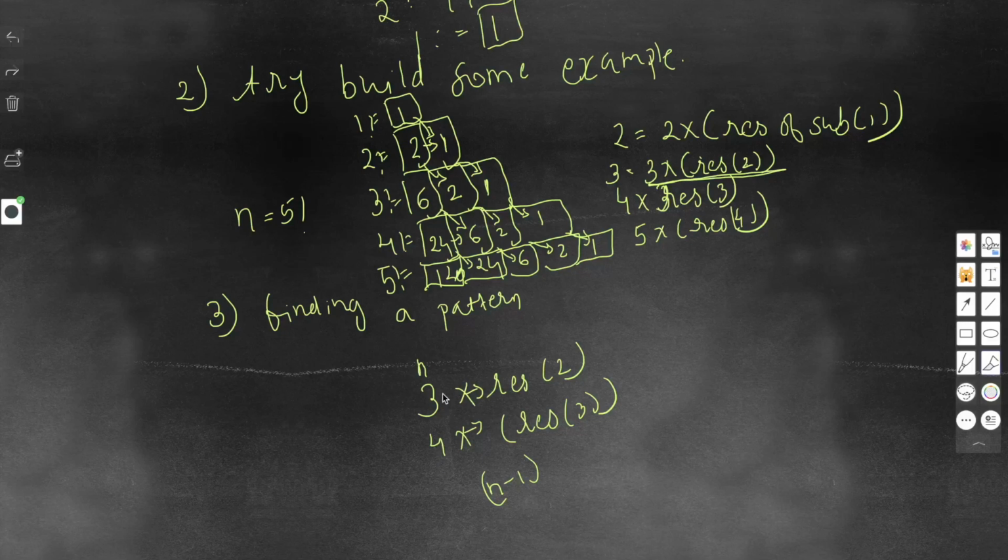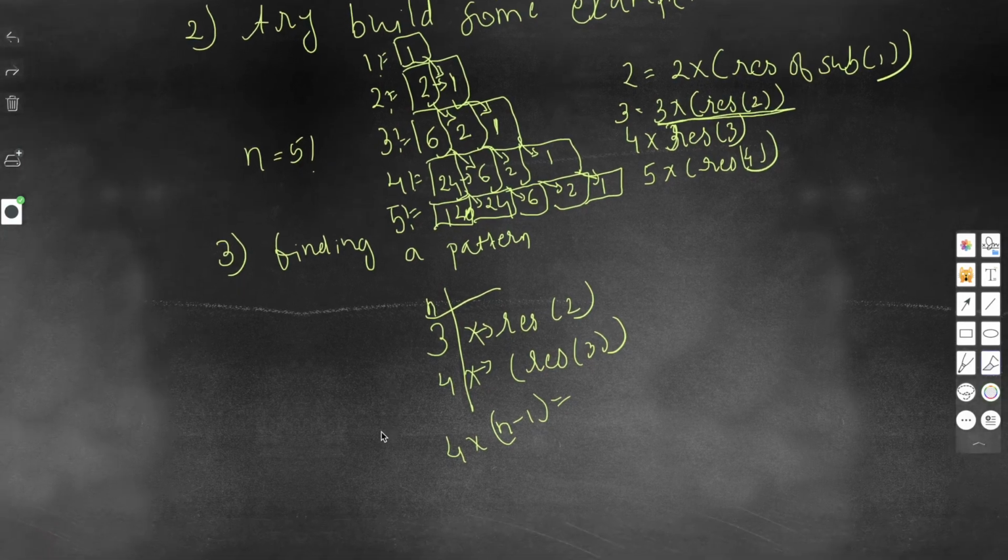Once I get the result for n minus 1, I will multiply myself with it, and that means I got the result for that particular n, correct?